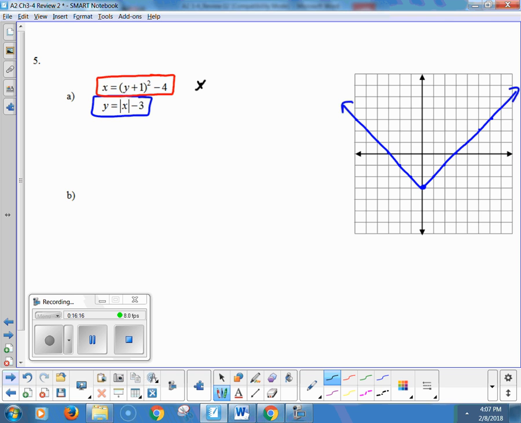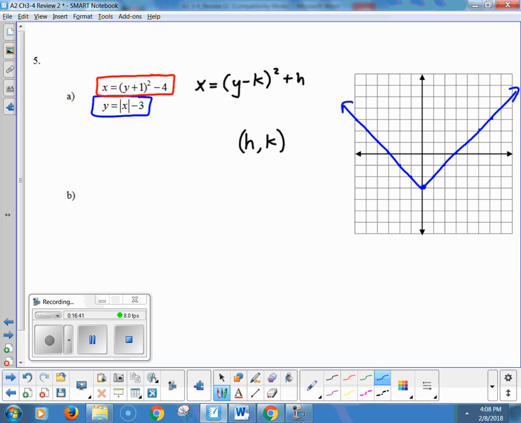The parent equation for those are x equals y minus k squared plus h with a locator of hk. And that's something you could just copy right out of your toolkit or look at in your toolkit.